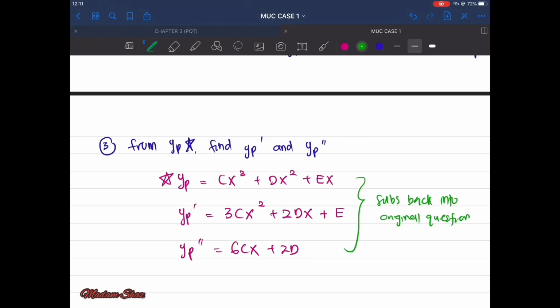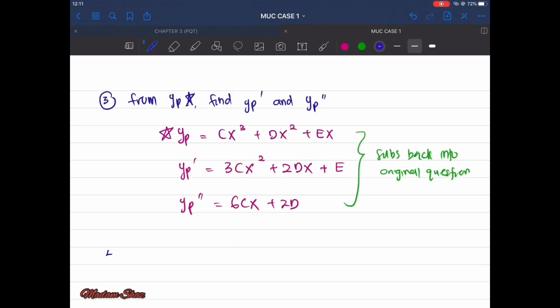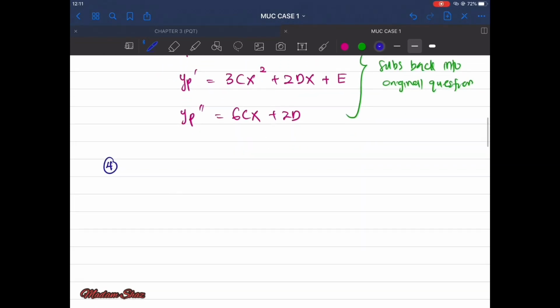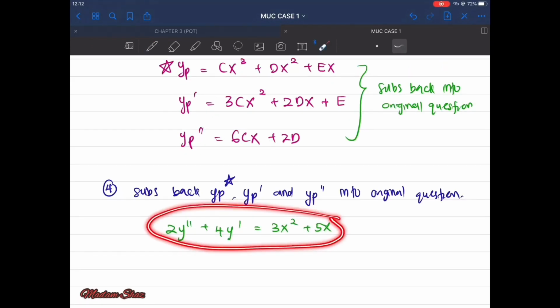Because we want to find the values for the constants C, D and E. So step number 4, substitute back YP, YP prime and YP double prime. So remember, this is the YP star, into the original question.